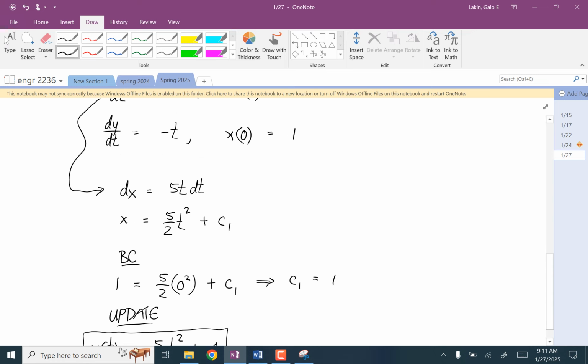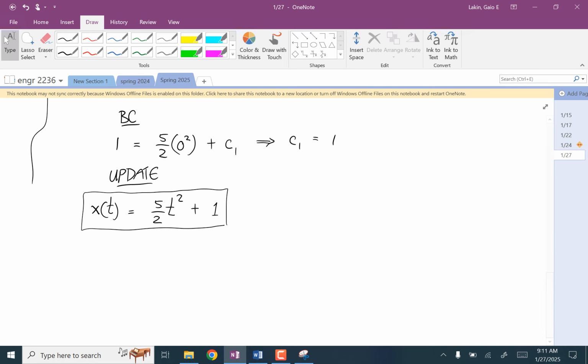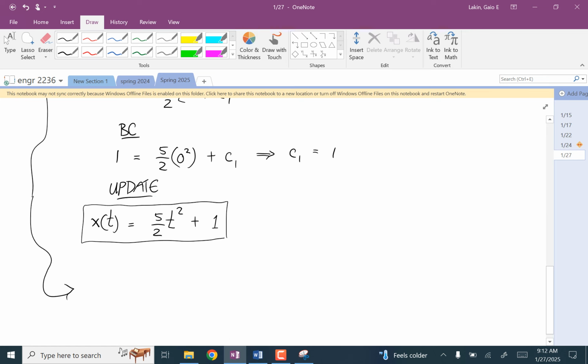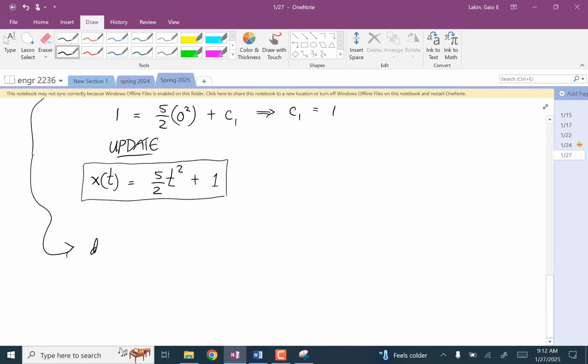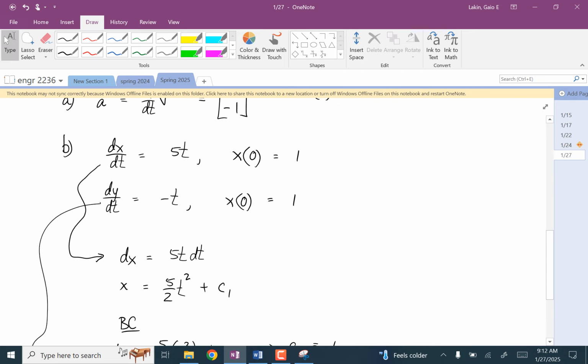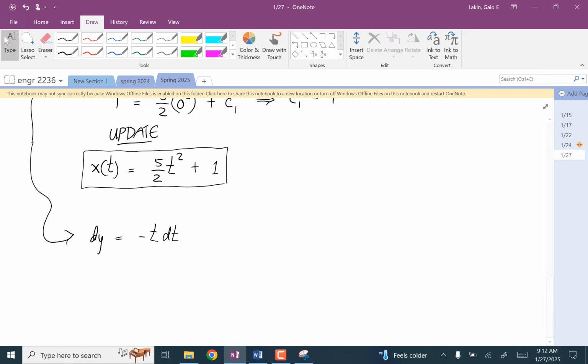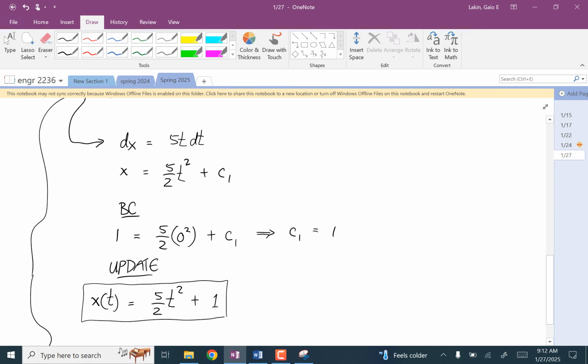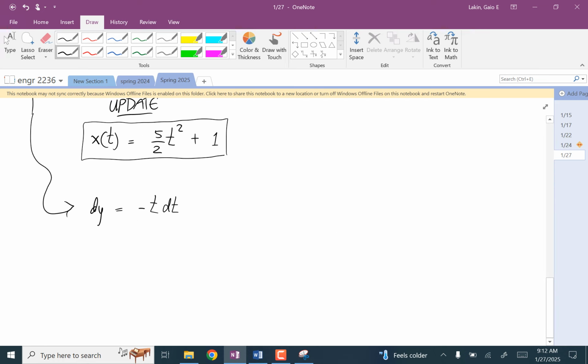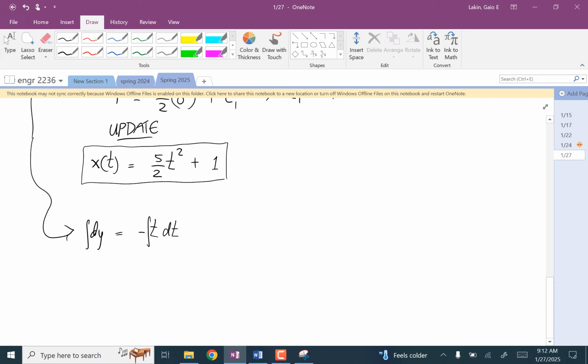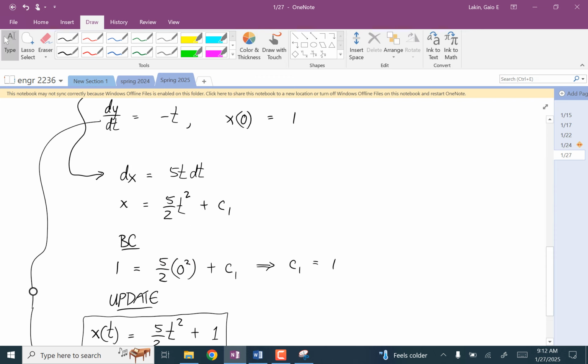And now we'll go to the second one. So it says dy is equal to -t dt, right? Integrate both sides. I'll pull the negative out.